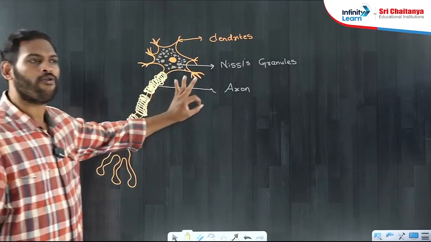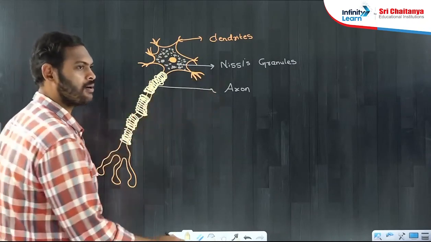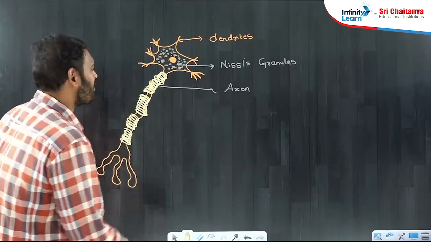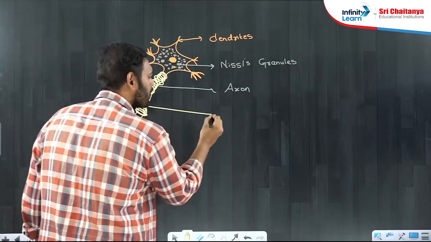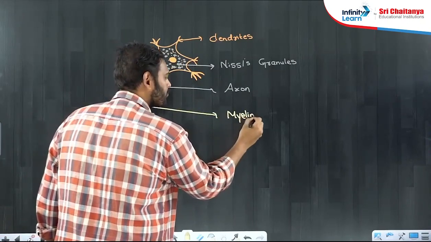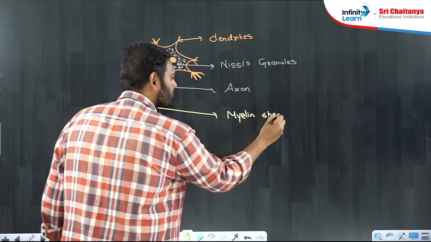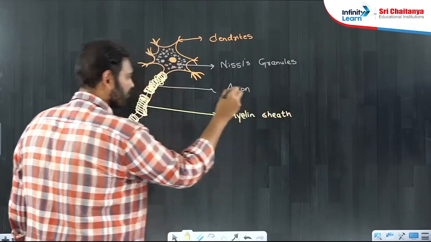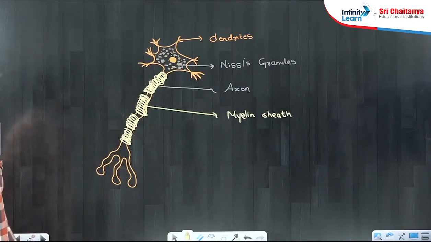The coating of fat substance is known as myelin sheath. Myelin sheath. Done.